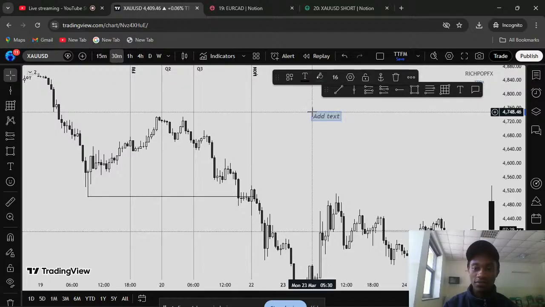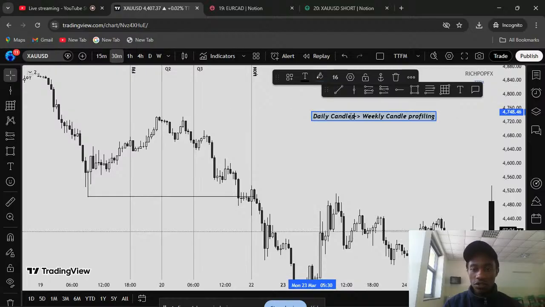Okay, let me write this here. Daily candle helps us to provide weekly candle, providing daily candles. When you see daily C2, that is like a low or high of the week.